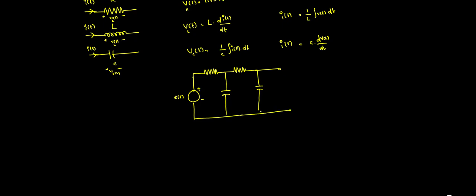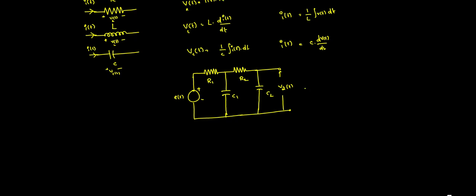It could be an AC system or a DC system; for now I am just considering this. Our main intention is to find the transfer function here. Say, this is my transfer function, V2 of t output. These elements are R1, this element is R2, this element is C1, this element is C2.